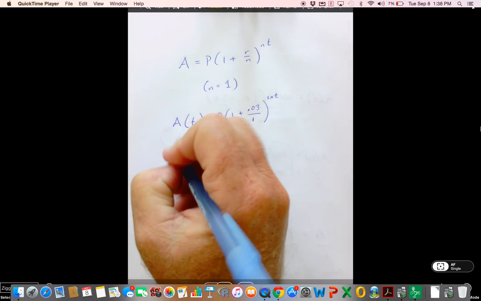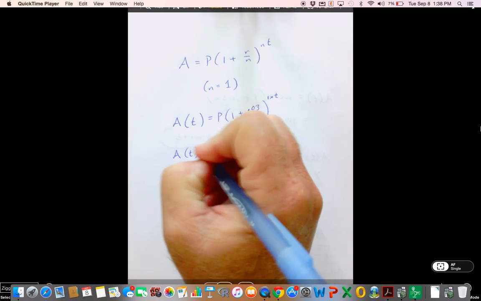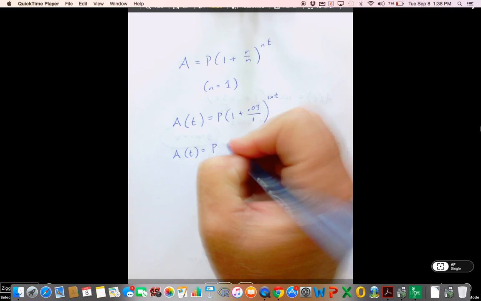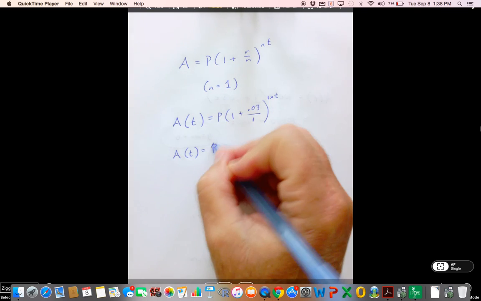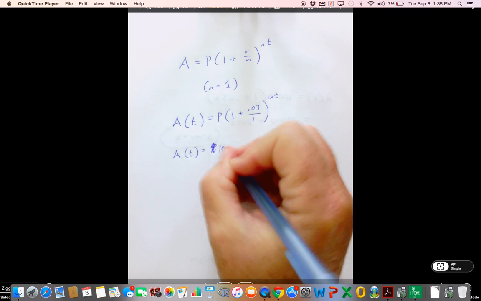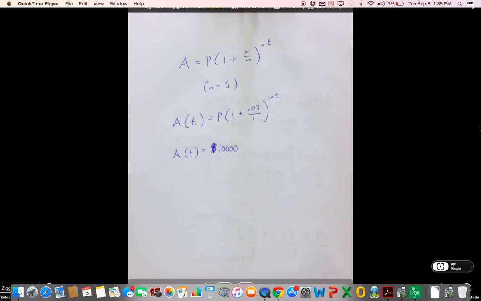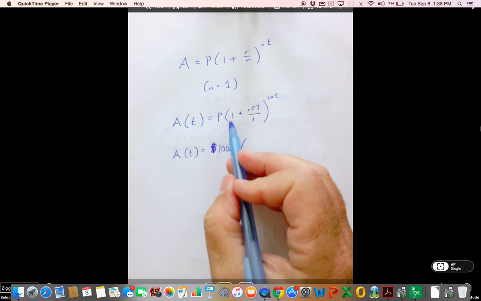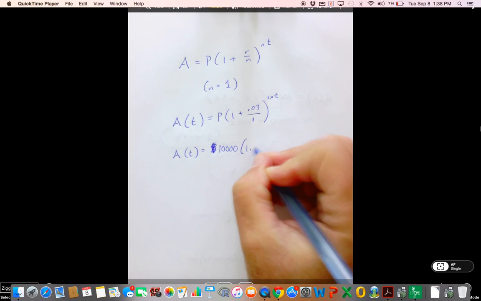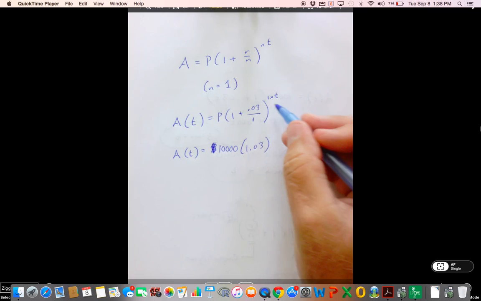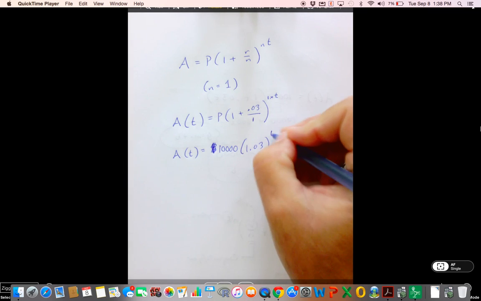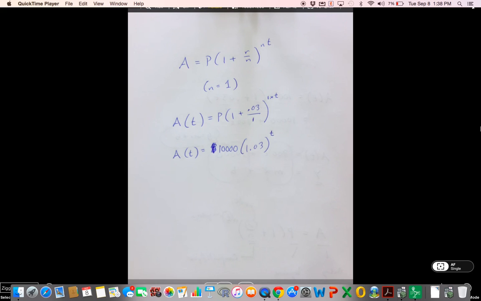We can clean that up. And guys, I'm being sloppy here. Let's set the initial investment at $10,000, just like I did before. This becomes just 1.03. And then the variable that we have is in the exponent.